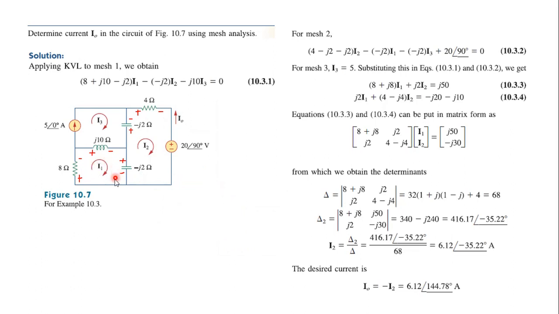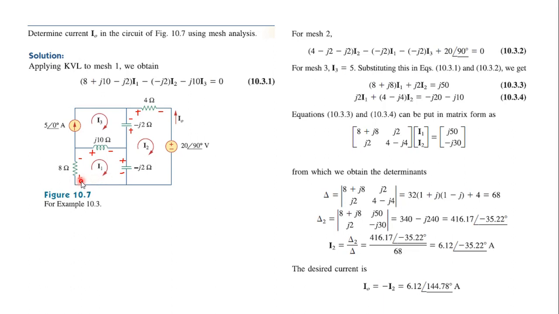For the first mesh, we have to apply KVL equations, that is Kirchhoff's voltage law: the sum of voltages in any closed circuit is equal to 0. Let us write the equation.